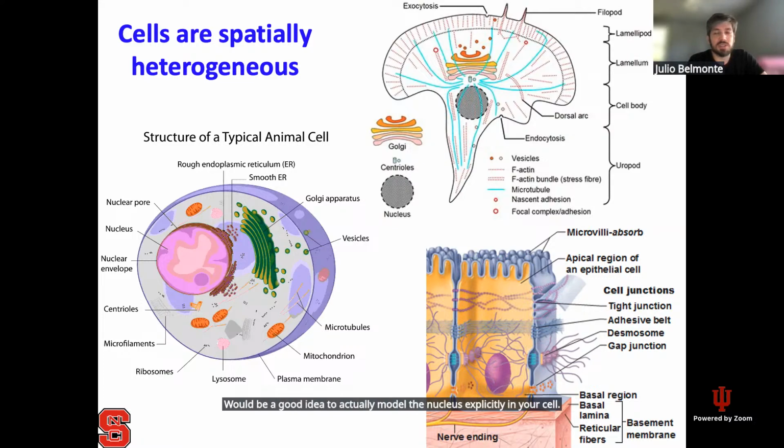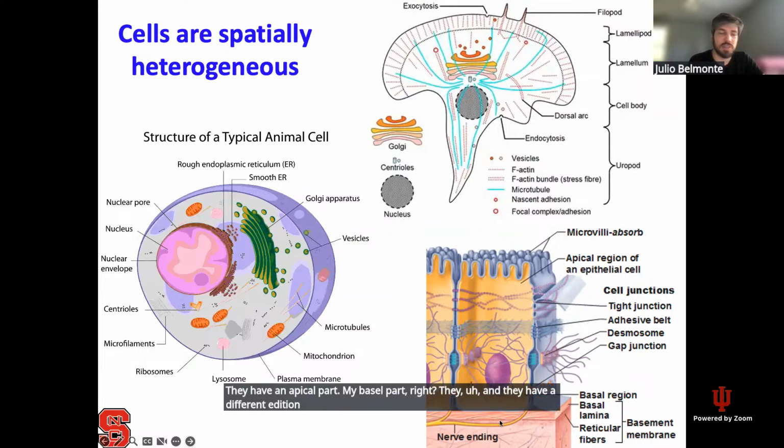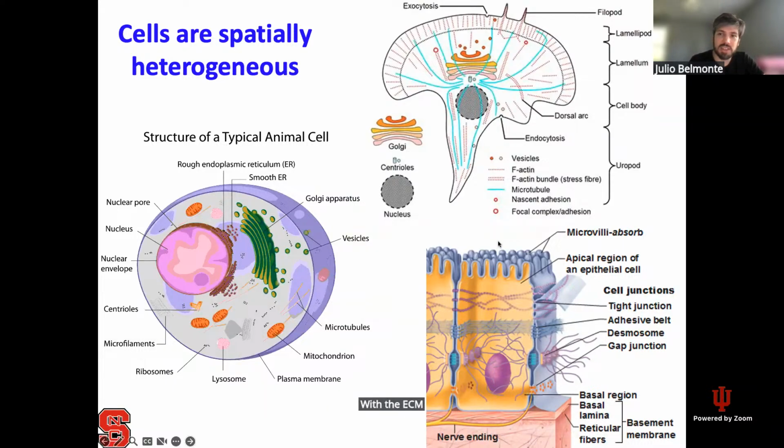And finally, cells are usually part of an epithelium. They have an apical part and a basal part, and they have different adhesion properties with the ECM versus the lumen and between the cells. In principle, you can model that just by changing the cell adhesion properties, but that's not very stable.